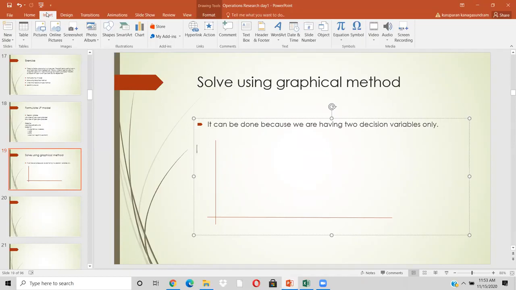Here we will draw two axes. Why these two axes?